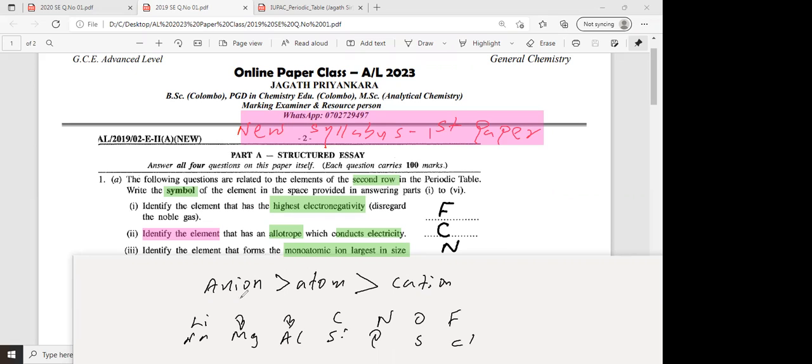If you take this anion, when the charge of the anion increases, the size further increases. Anion with greater charge. Please write it. Out of anions, the one with the highest charge has the largest size.